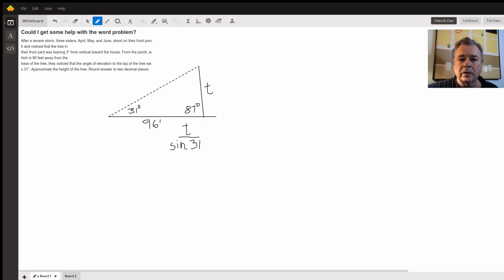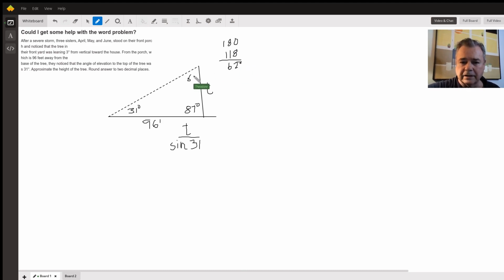So we will add 31 plus 87 degrees, which is 118 degrees, and subtract that from 180 degrees, which is the total number of degrees in any triangle. That's going to give us 62 degrees.